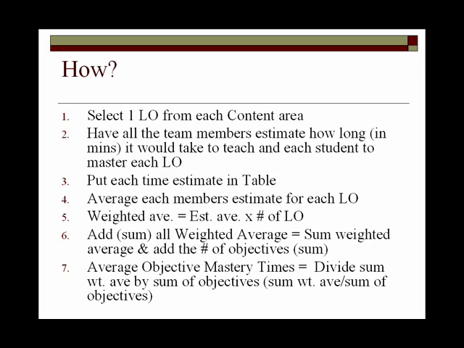In our example, for the fitness category, they have 10 objectives. So what we want to do is get the weighted average. We're going to take column A times column B, so 443 times 10 gives us our weighted average of 4,430. We're going to do that for each of the 3 content areas when you get your different averages.